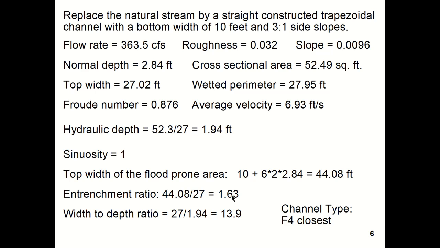Then we have an entrenchment ratio of 1.63 and a width to depth ratio of 13.9. If you look on the Rosgen classification chart, the closest thing to this is an F. It would actually be an F3 channel.